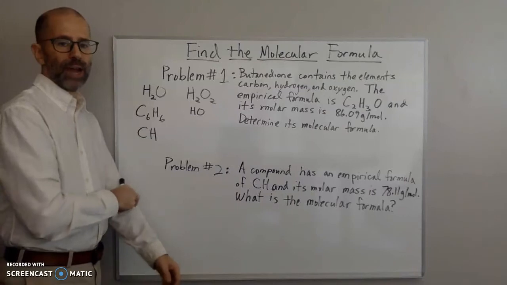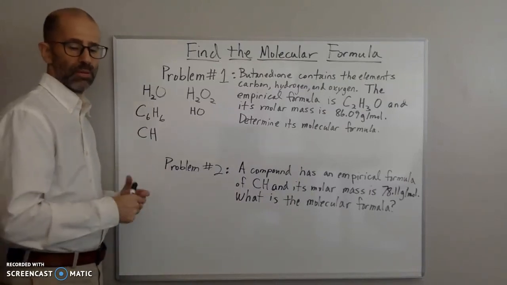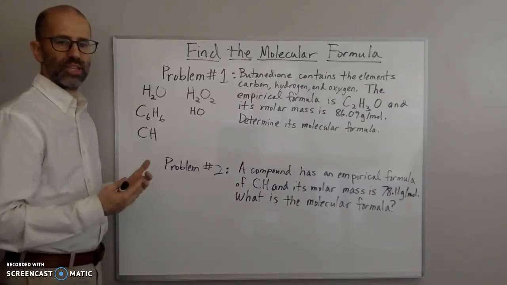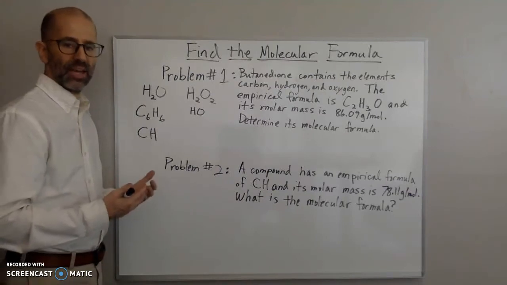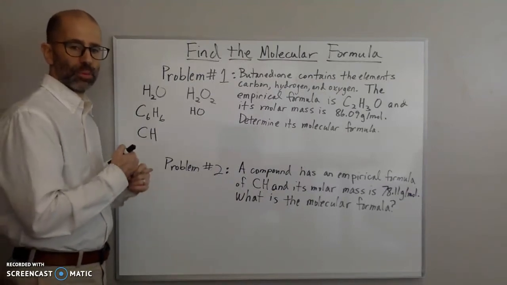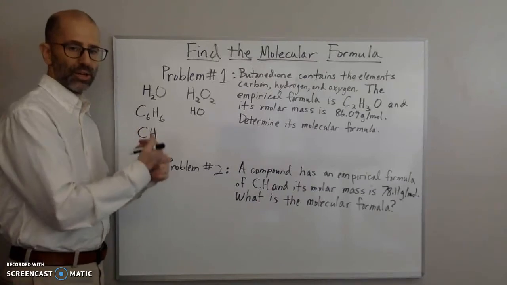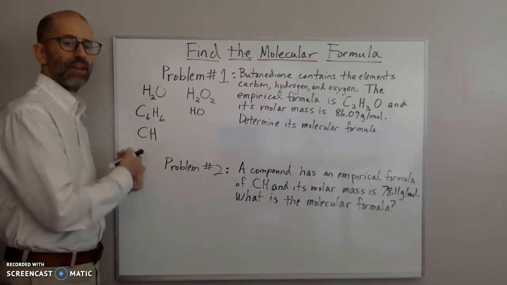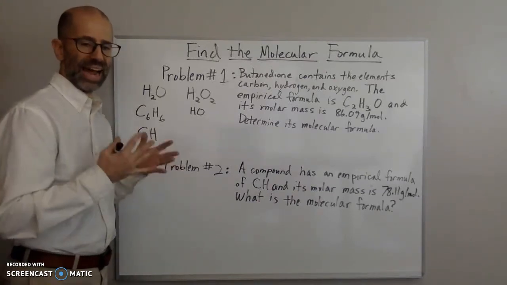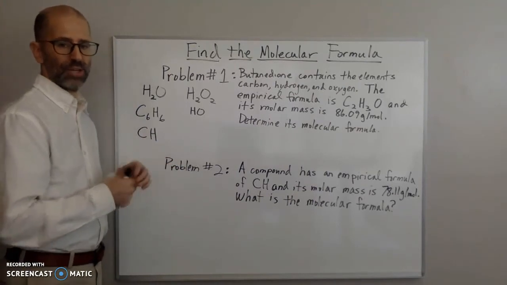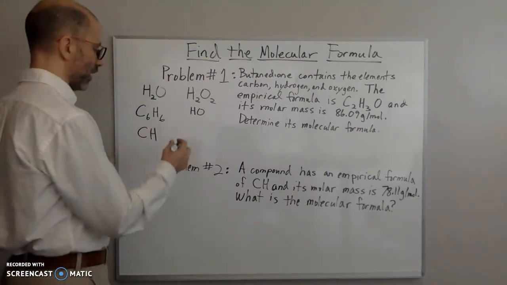And when you're trying to find the molecular formula from the empirical formula, you're going to use the molar masses of the empirical formula that you just found or that you're given, and then compare that to the molecular formula of the actual substance. And you can do that by dividing, right?